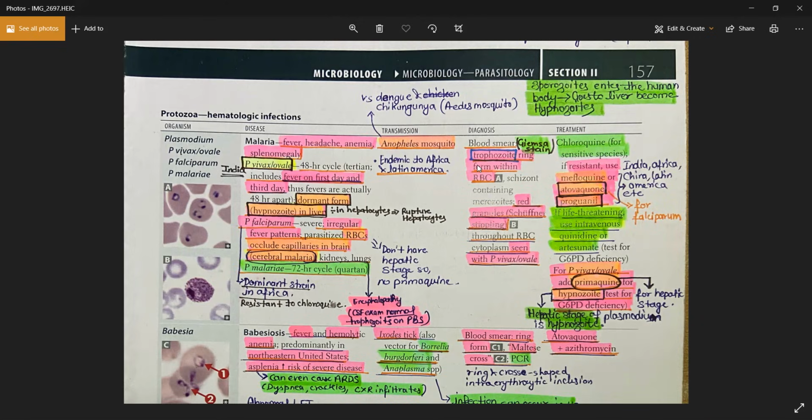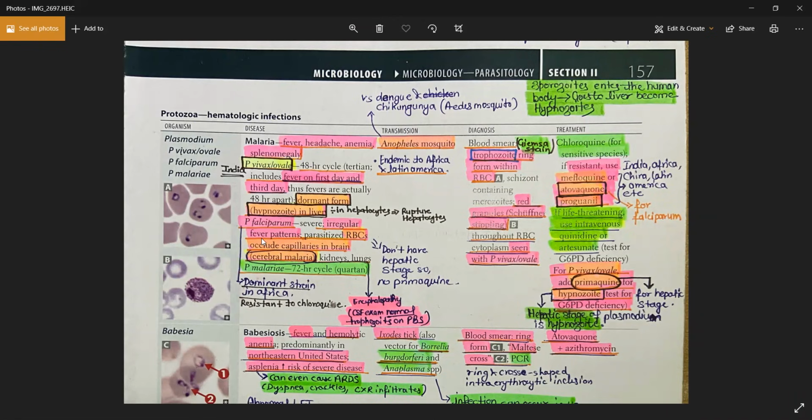They become the trophozoites, which affect your RBCs, and these are the trophozoites which become the ring stage. The rings that you detect in the RBCs are the trophozoites. Please remember, in the liver, it is the hypnozoites. Sporozoites enter your body, go to the liver and become hypnozoites. Then the activation of the hypnozoites occurs, and they become the trophozoites to affect the RBCs.